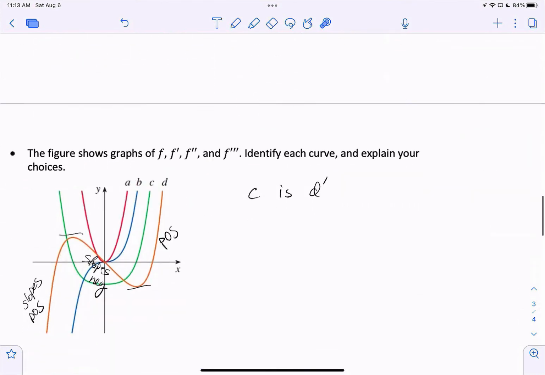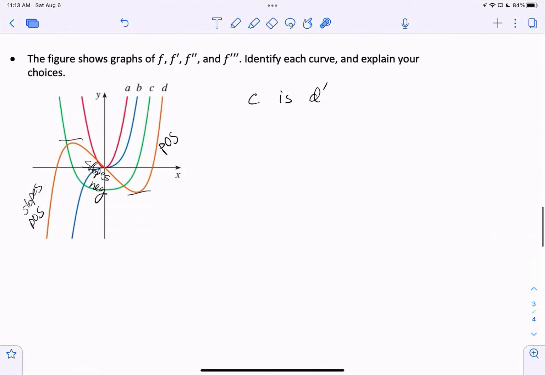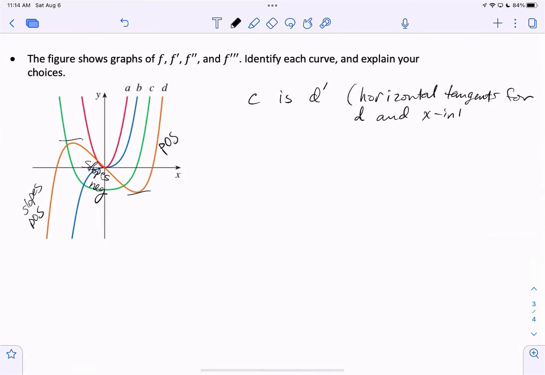So I'm just using that thinking here. So we can say that we're looking at horizontal tangents for d and x-intercepts for c. And we also used positive and negative slope values and function values, but I don't want to write all that. All right, let me clear this away here.